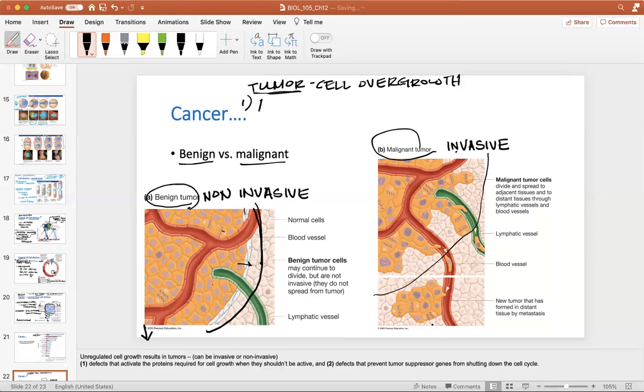So there can be activation of mitosis proteins when there shouldn't be activation. Okay, that's one problem that can occur to cause this unregulated cell growth. And then the second problem is that there can be defects in something called tumor suppressor proteins.